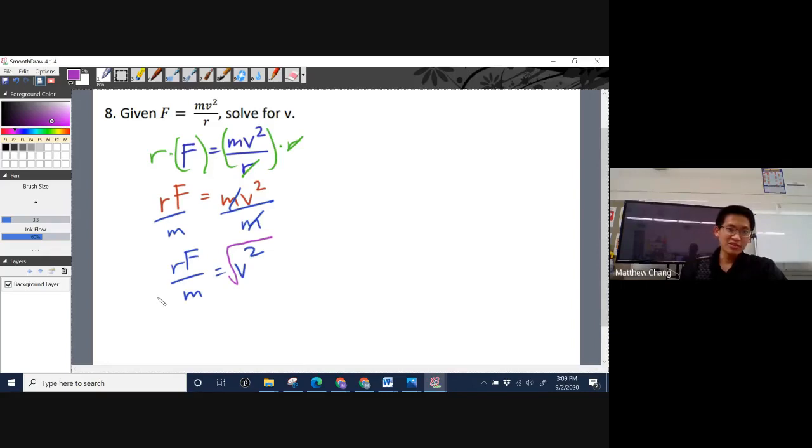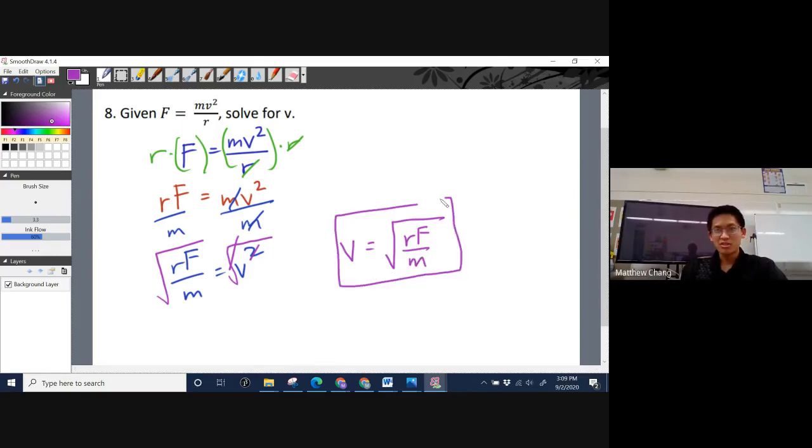So you take the square root of this whole thing, and the square cancels out with the square root. By isolating our variable, we have v equals the square root of r times F divided by m.